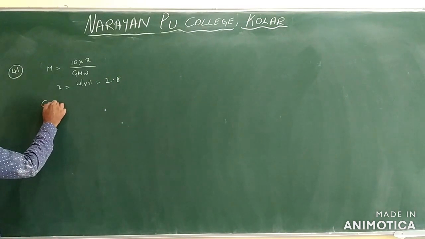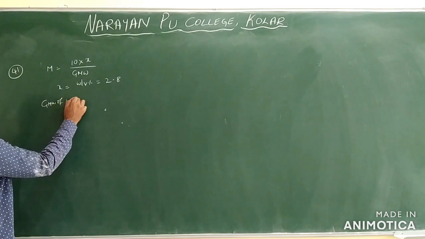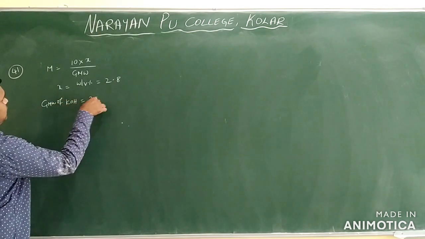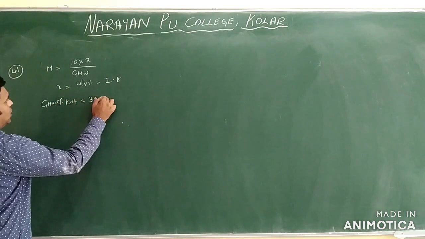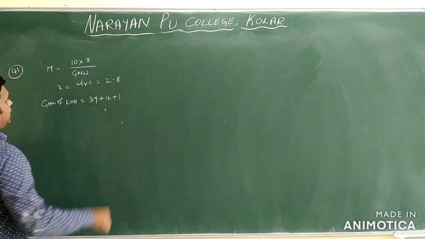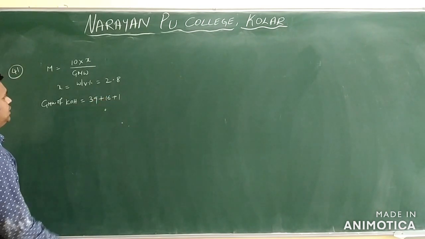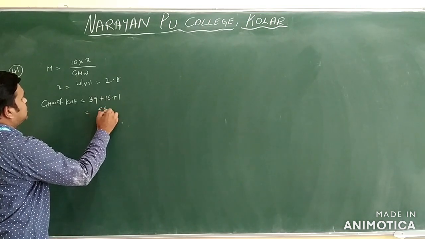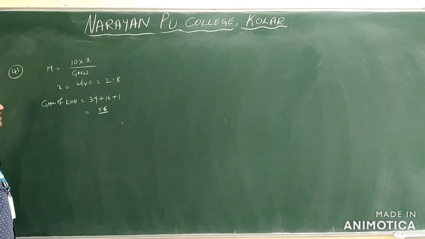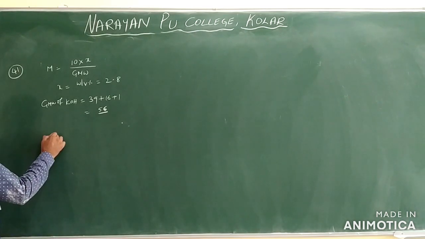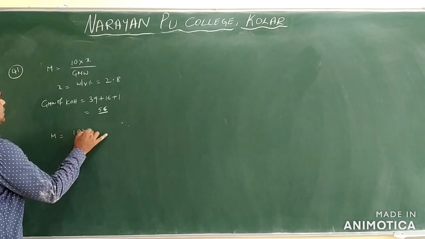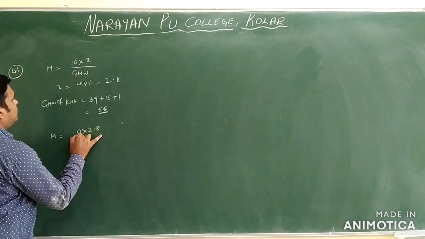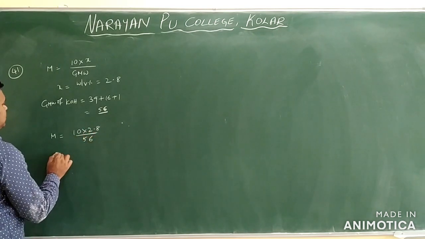Gram molecular weight of KOH: potassium 39, oxygen 16 and hydrogen 1 only. So 39 plus 1 is 40, 40 plus 16 is 56 only. This is the gram molecular weight. Now M is equal to 10 into 2.8 by 56 only.